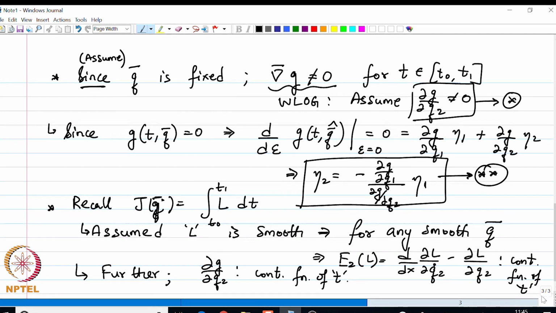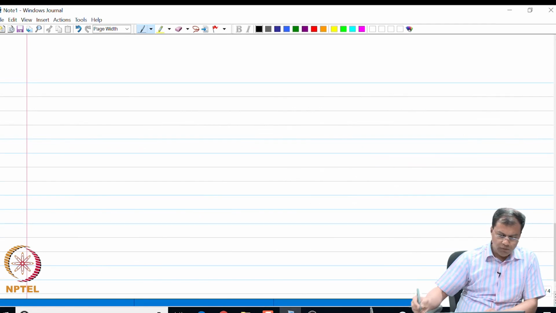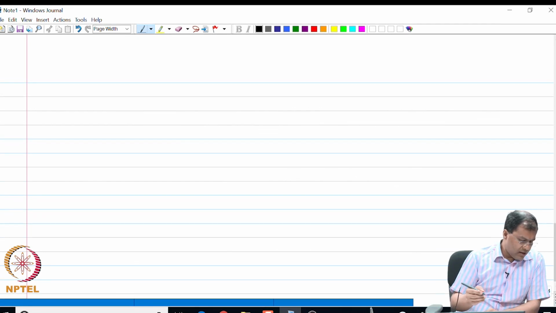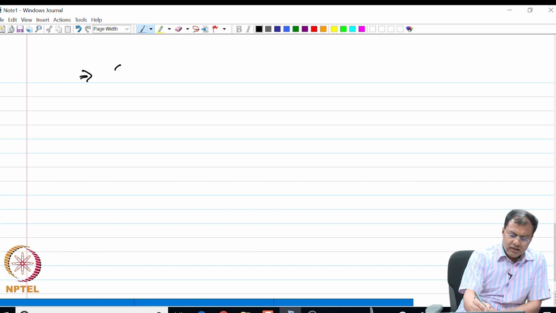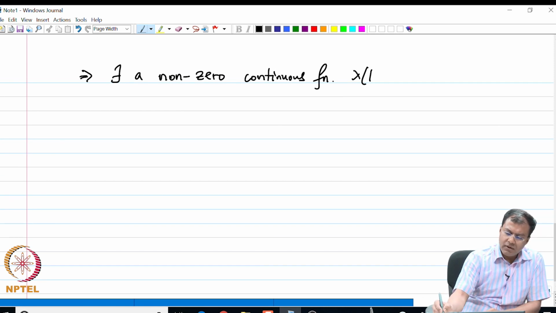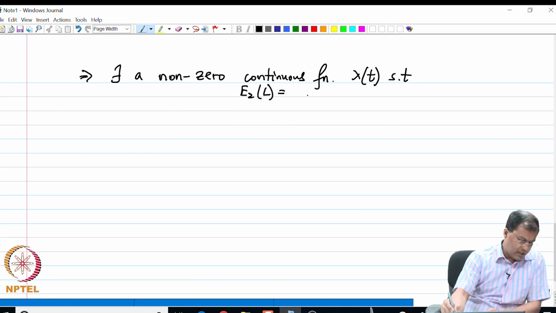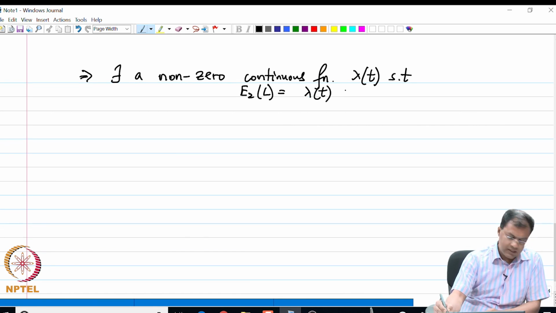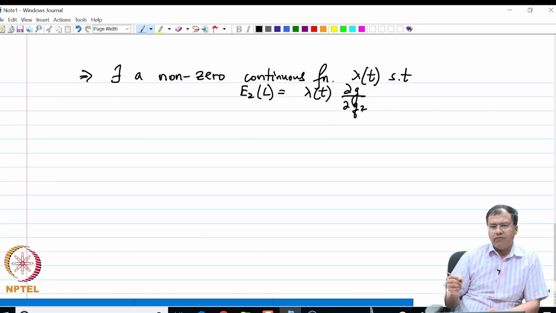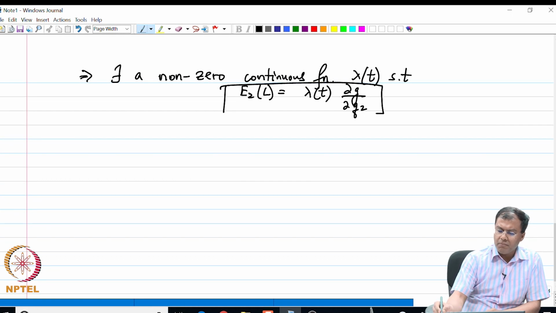So, since both of them are continuous functions, this means that there exists a non-zero continuous function lambda of t such that one continuous function can be expressed in terms of the other continuous function using this second function. Right, now I have just used a simple continuity argument to arrive at a relation.